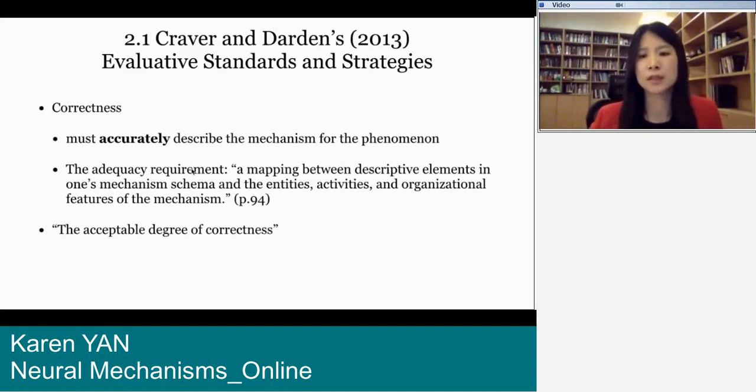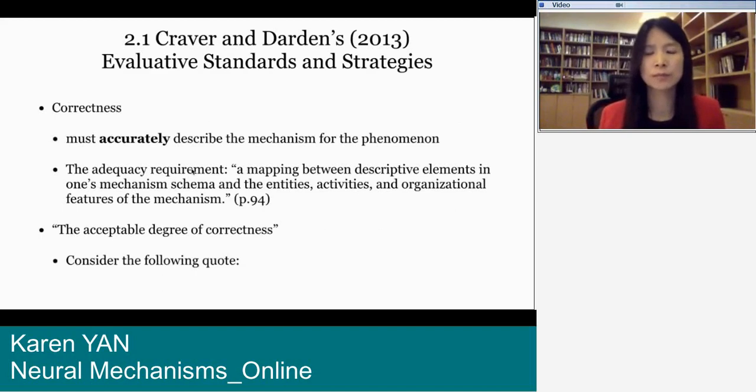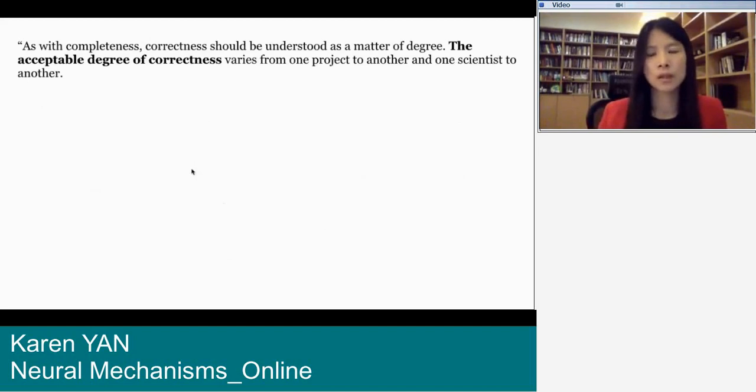But similarly, as in the case of completeness, what they are actually after is an acceptable degree of correctness. So I want to bring your attention to the following quote. Craver and Darden write, I quote, "As with completeness, correctness should be understood as a matter of degree. The acceptable degree of correctness varies from one project to another and one scientist to another.